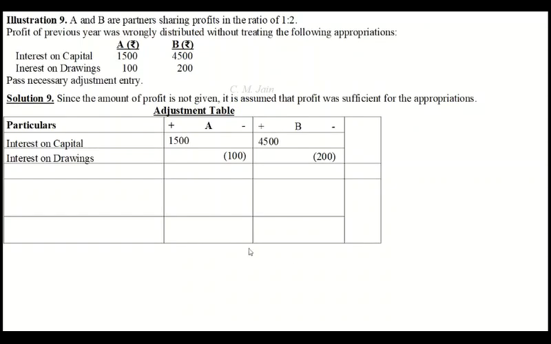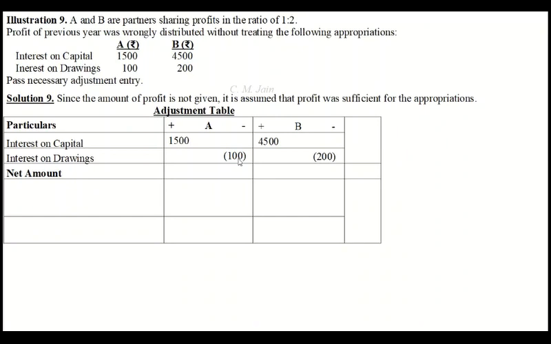Now these are the only 2 appropriations given to us which were missed. So now let us find out the net effect of these appropriations. Write down net amount in the particulars column. In A's column, we had to give him 1,500, but we had to take rupees 100 from him.